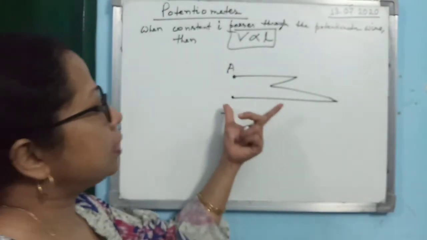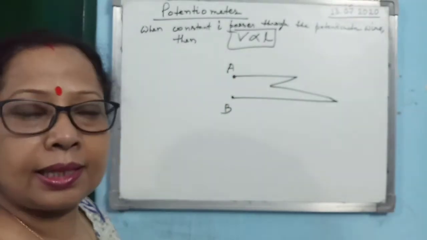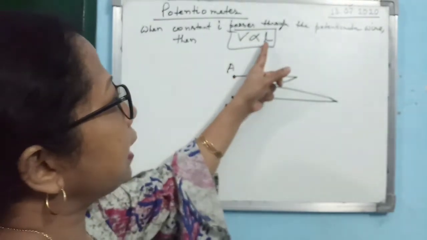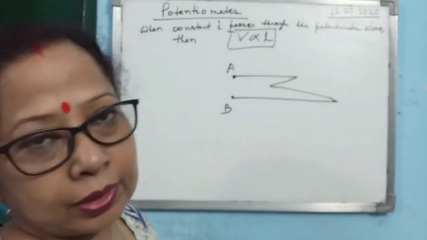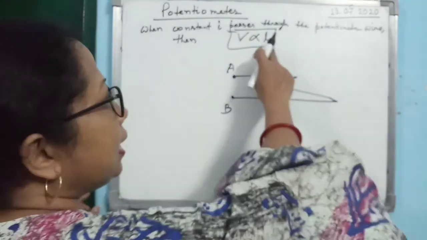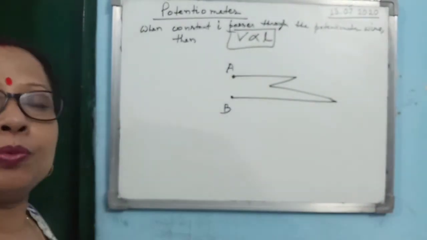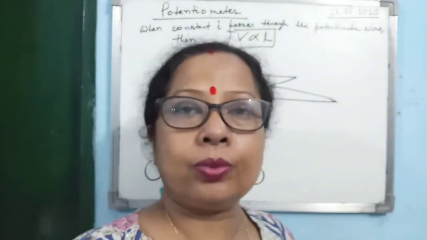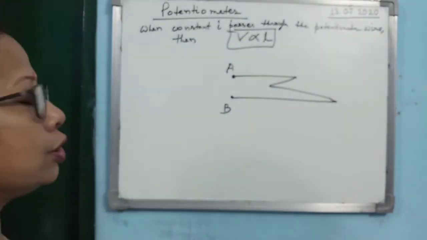Means if you consider potential difference across any length, it is directly proportional to the length of the string. If you increase the length, then what will happen? The potential difference across that length will increase.